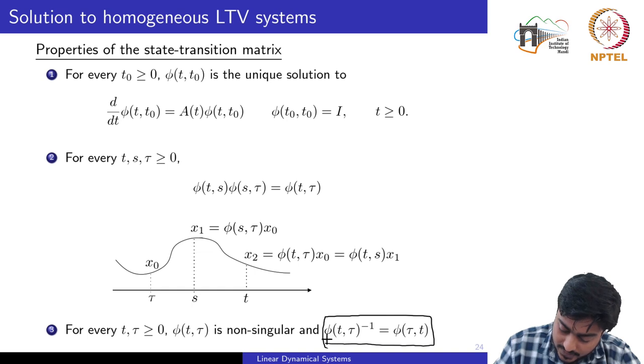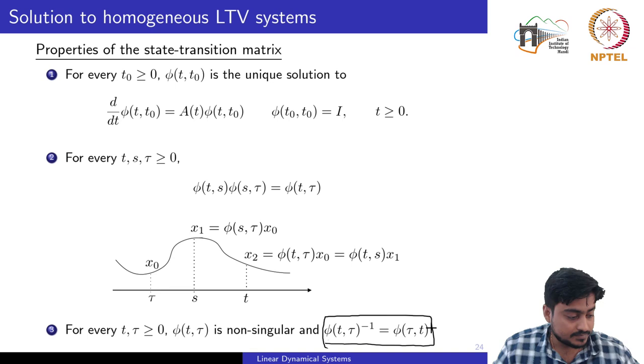So if we pay attention to this phi, it says that we are seeing the response at time t, given the initial condition at tau. Now if I take the inverse of this state transition matrix, it gives me phi(tau, t), meaning to say that I am now taking the response at t is equal to tau, given the initial condition at time t. Okay, you can change the order. We would see the relevance of this property when we discuss the discrete time solution of the time varying case.